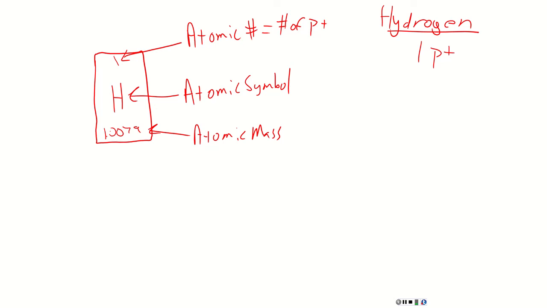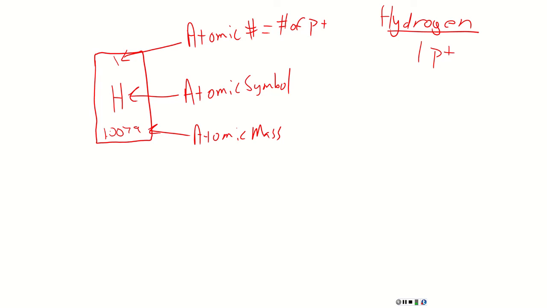But let's go even deeper. The atomic number, the number of protons, defines the element. The definition of hydrogen is an atom that only has 1 proton.